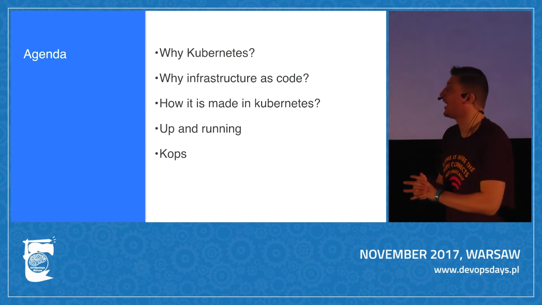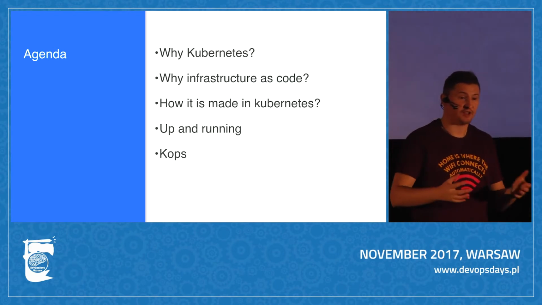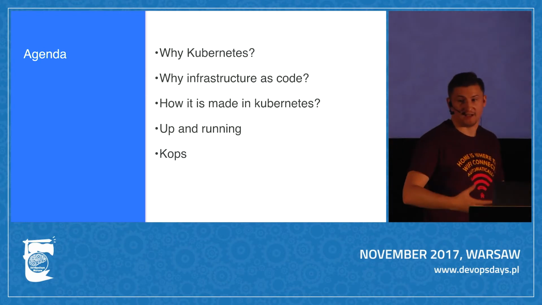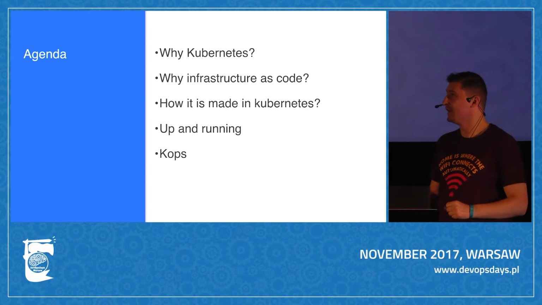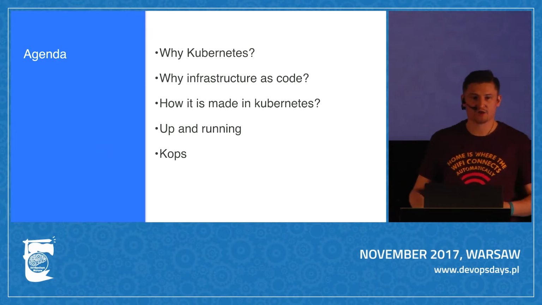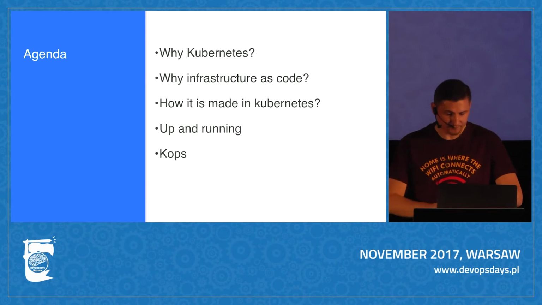Then I will be speaking about the architecture of Kubernetes, why I think it is well designed to be ready for the DevOps experience. And then one of the installation tools that I'm using with my customers.